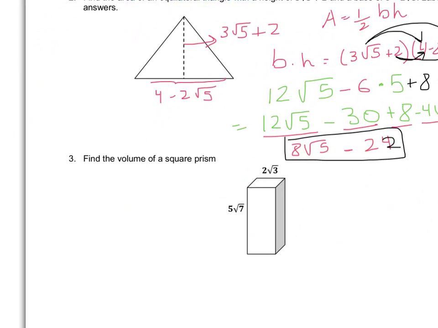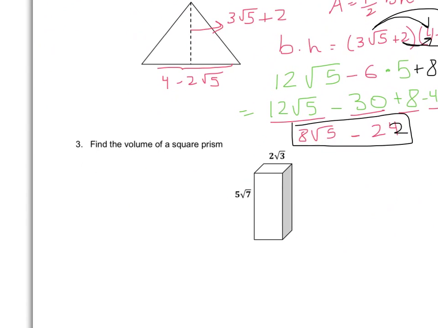Now let's move on to number 3, find the volume of the square prism. To do that, you have to multiply the area of the base times the height. Now it looks like a square because they said it's a square prism, so this is a square. So it's going to be 2 radical 3 by 2 radical 3. And the height is 5 radical 7. So to find the volume of this prism, you have to find the area of the bottom, which is the square.